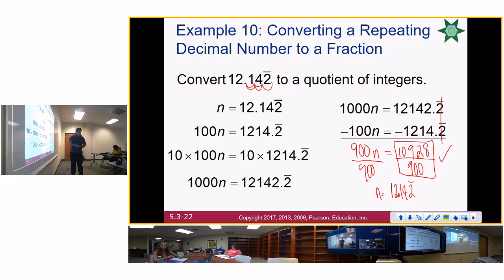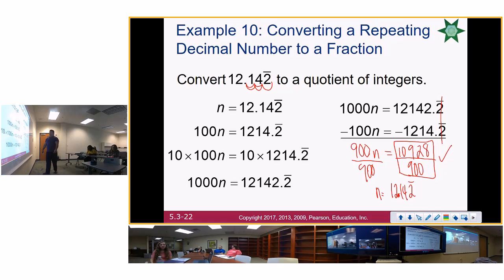Now you could reduce that, so take a minute and reduce it. Divide by 2's, divide by whatever you need to divide by. But that is the answer. So we don't have to reduce it? Yeah, you need to reduce it. Go ahead and reduce it. The fraction is mathematically equivalent. If I divide by 2, I get 5,464 over 450.